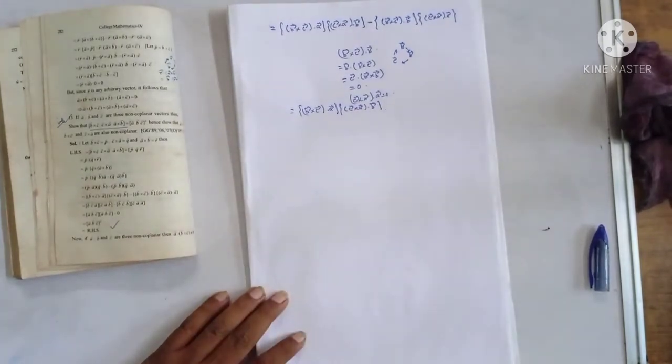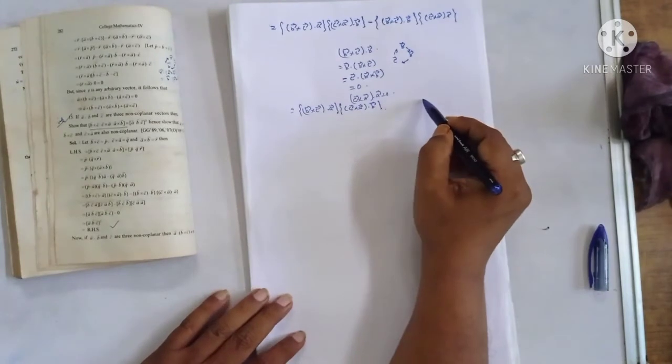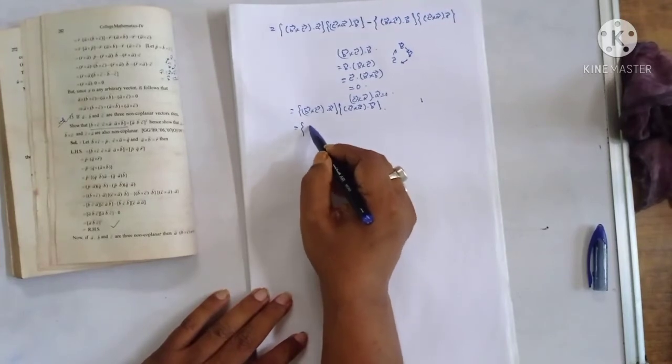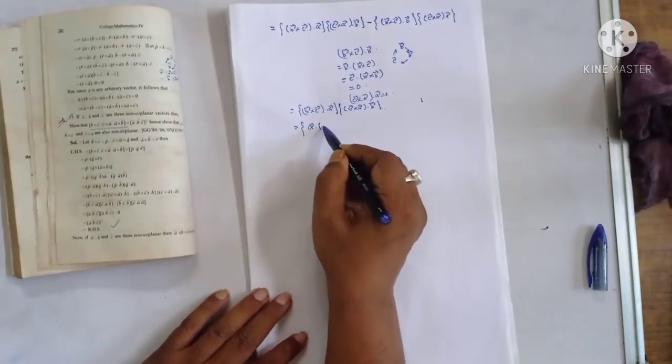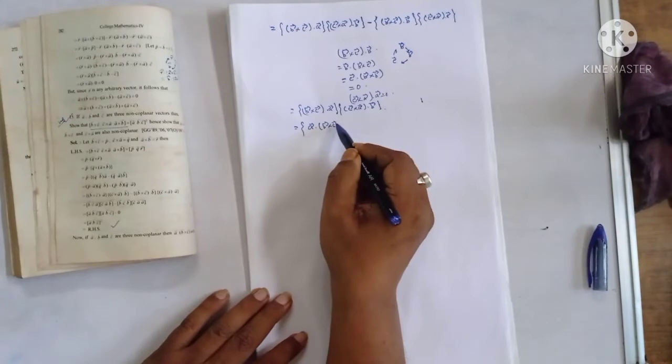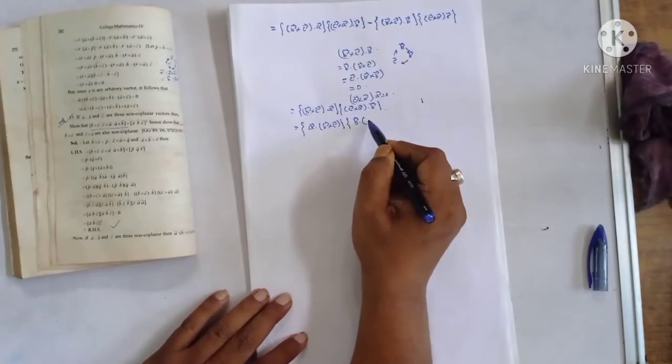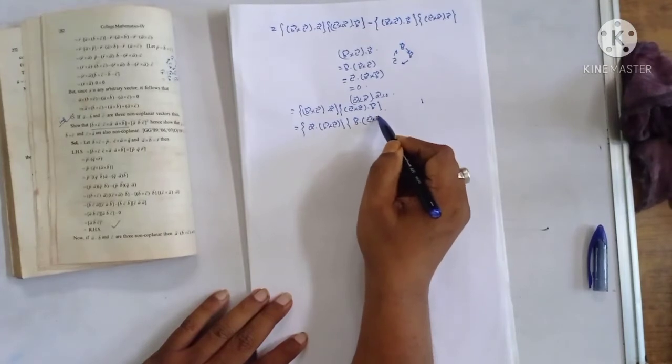This is what remains. Now here you can see again you can write this as A vector dot B vector cross C vector, and you can write this as B vector dot C vector cross A vector.